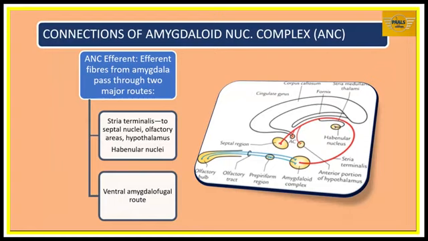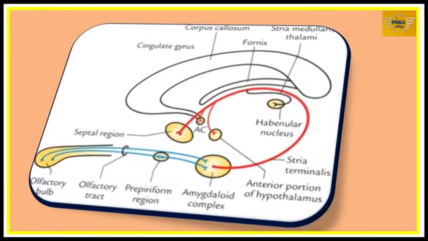The major efferent for the amygdala is through the stria terminalis and then the ventral amygdalofugal route. Here is our amygdala, and this is the stria terminalis.